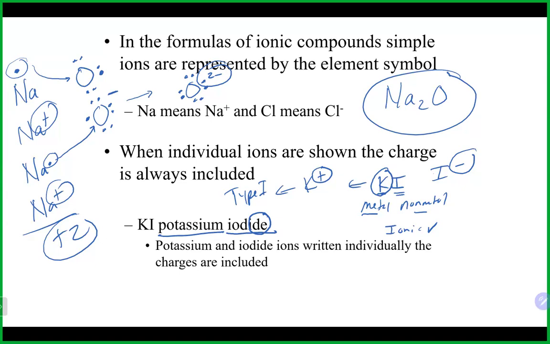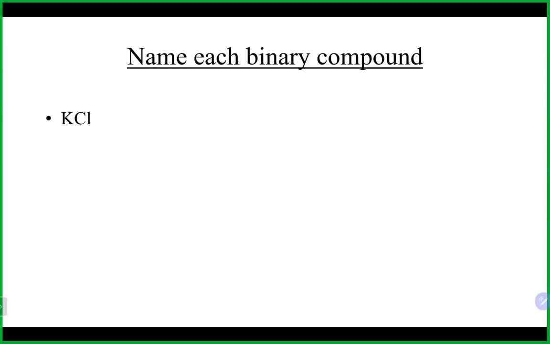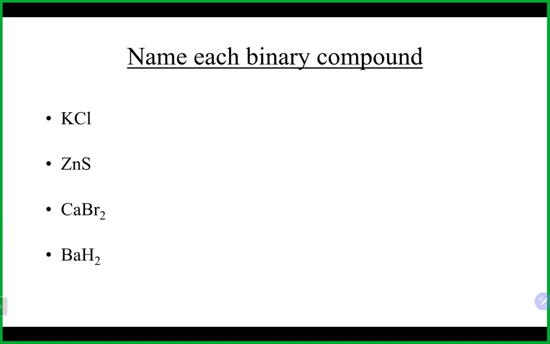Other questions? All right. So why don't you try some here and see what you come up with? For each of these, give the proper names, and let me give you some formulas so you can write the names, so you can write the formulas here.